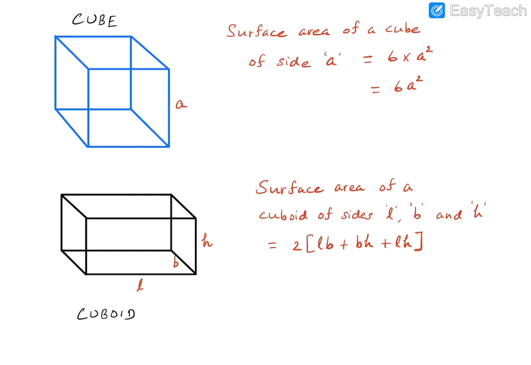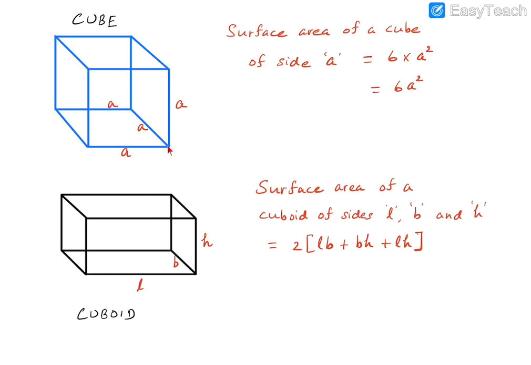Each of the sides has a length of A units. So this is also A, this is also A, and this is also A. Each and every edge of the Rubik's cube has a length of A units.